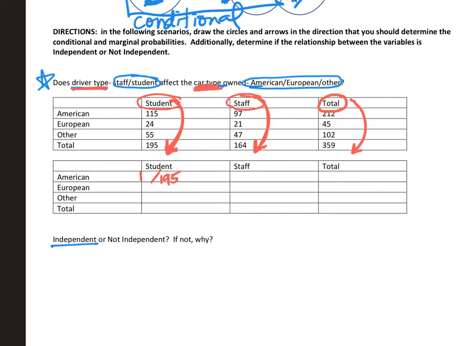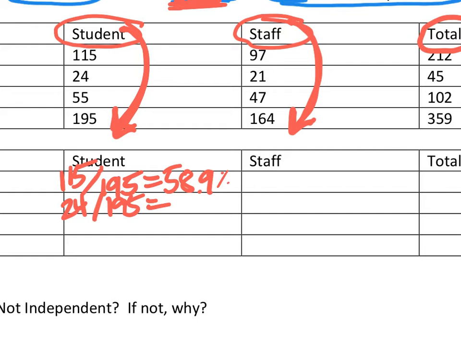So my American is 115 over 195, and that is 58.9%. Then 24 over 195 is 12.3%, and then my 55 divided by 195 is my 28.2%.